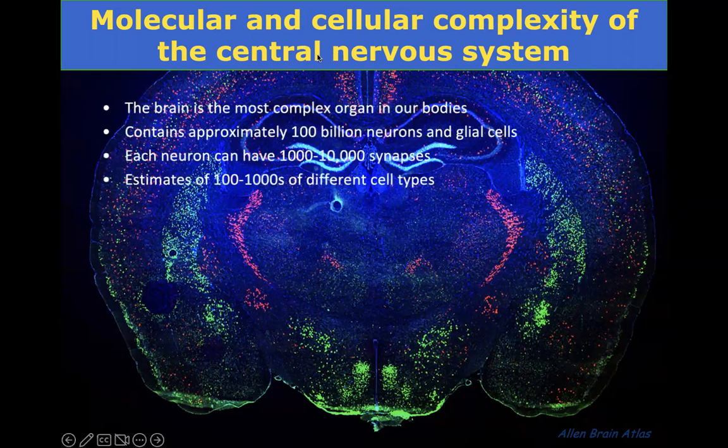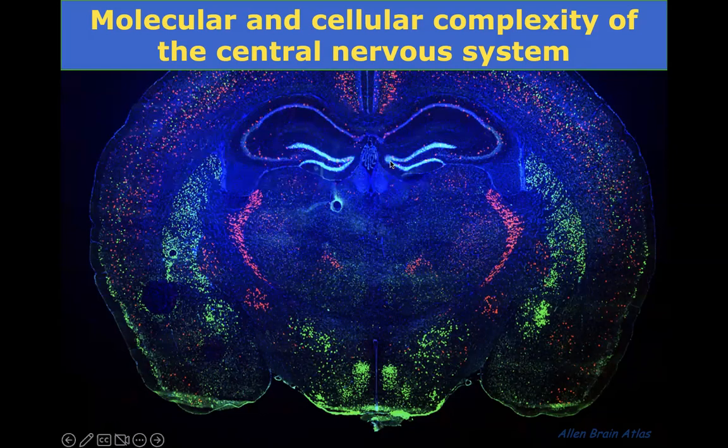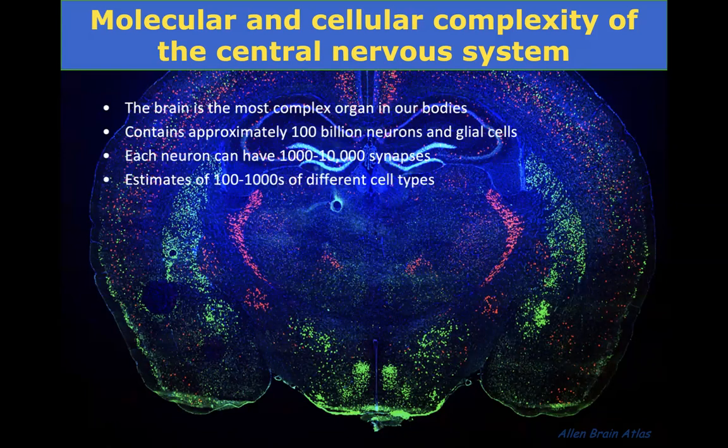And again, what I became fascinated by, all of us are driven by the questions in science, was the concept that the brain is the most complex organ in our body. It contains approximately 100 billion neurons and glial cells. And each of these neurons can have 1,000 or 10,000 synapses. So this can then lead to trillions of synaptic connections.